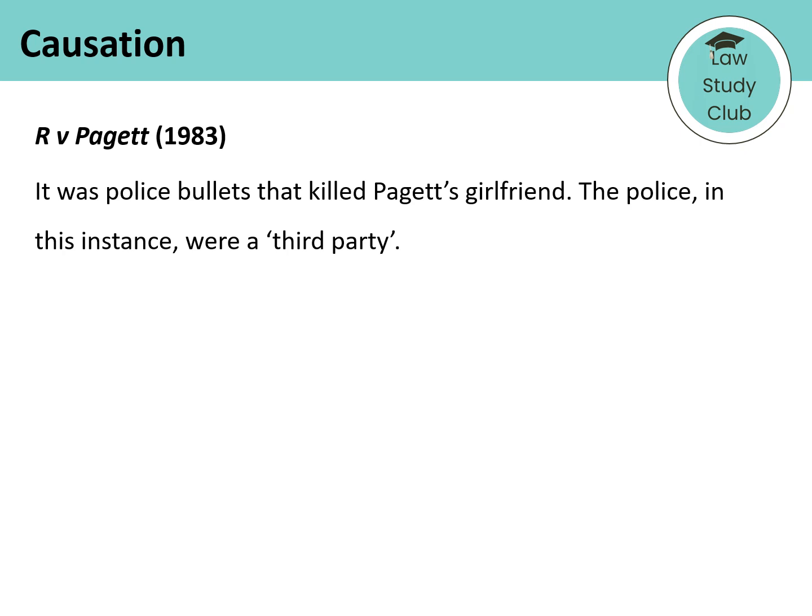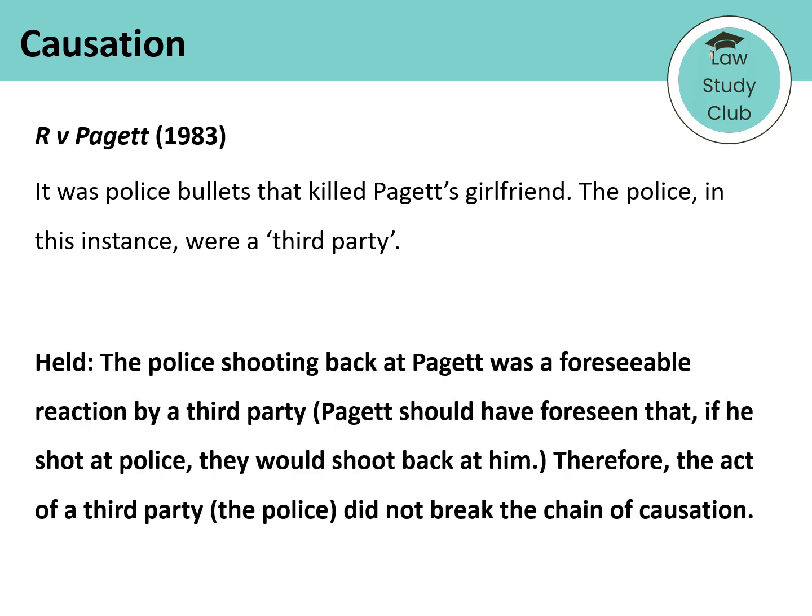Now, I think we'd agree that the police officer firing a fatal shot is pretty serious. He was firing a gun at two people, after all, but it wasn't sufficiently independent of the defendant's conduct. The only reason the police officer was firing at Paget and his girlfriend was because Paget was firing at the police officers. So it was held that didn't break the chain of causation, and Paget was still liable.